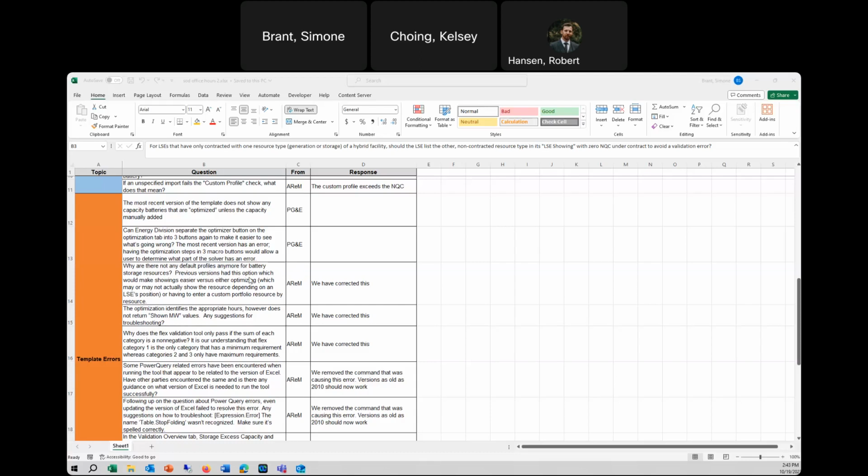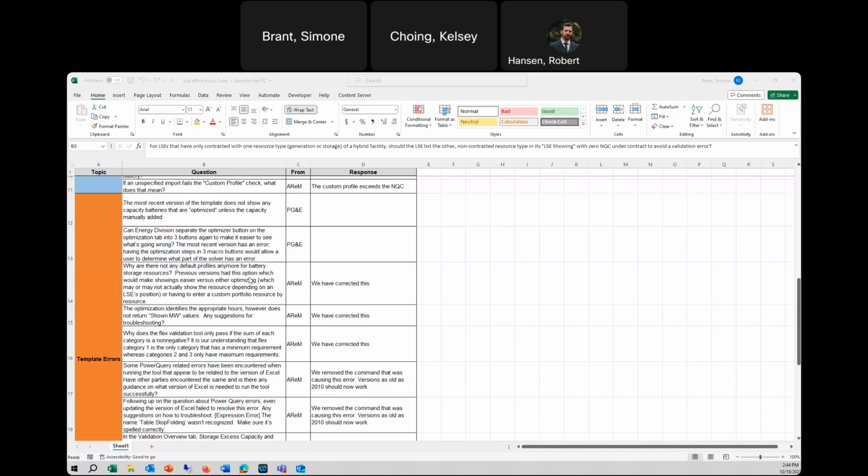Then there are a few things here that have been corrected. One was that there were not default profiles for battery storage resources. They were showing up for all 24 hours. Another is that the optimization was not returning megawatt values.